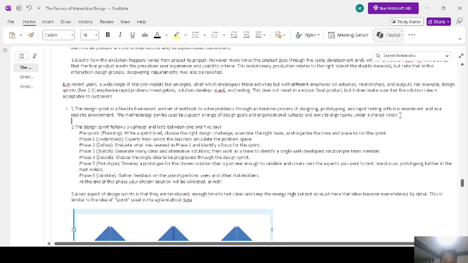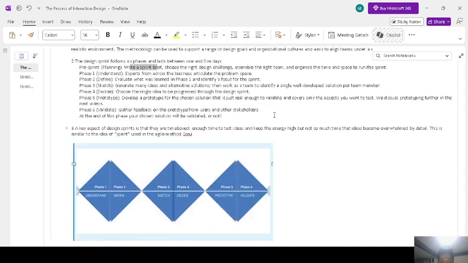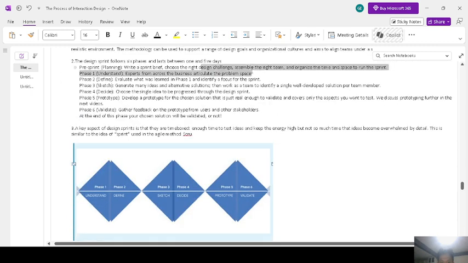The design sprint follows six phases, beginning with phase one: plan the sprint, write a sprint brief, choose the right design challenge, assemble the right team, and organize the time and space for the sprint. So basically you start with a sprint brief, choose the right design challenge, assemble the team, and organize the time and space to run this project.